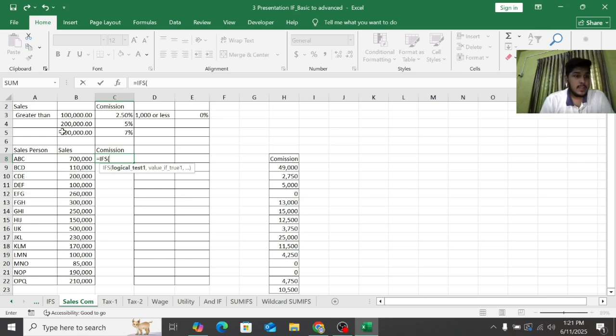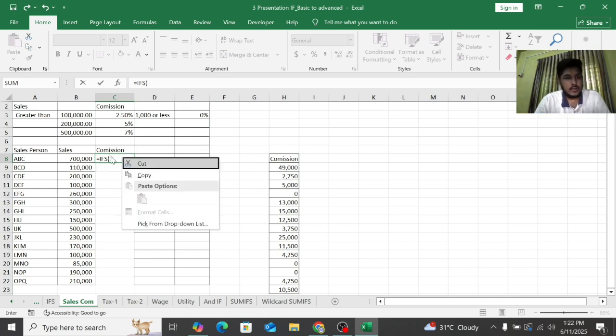If the sales is greater than 5 lakh, we have to calculate from the very highest point, because if we take the first one and it is more than 5 lakh, it will calculate the percentage of the first condition. Suppose I take 1 lakh at the very first and 5 lakh at the very bottom, then if 7 lakh is counted, Excel will count it as greater than 1 lakh and apply 2.5% on all 7 lakh. But that is not the case. In this case, we have to count it as 7% for 5 lakh, 5% for 2 lakh, and 2.5% for 1 lakh.